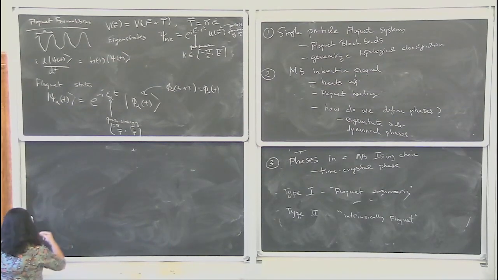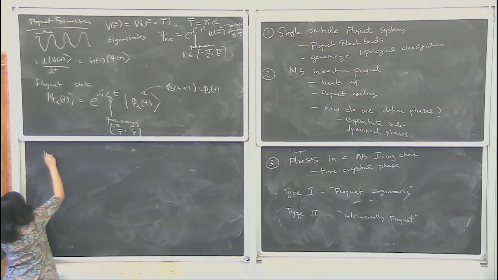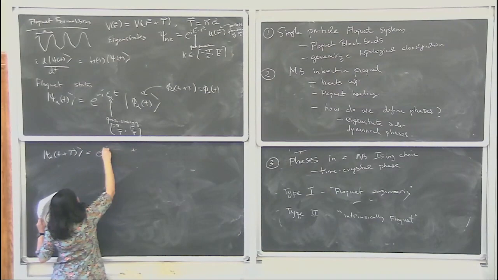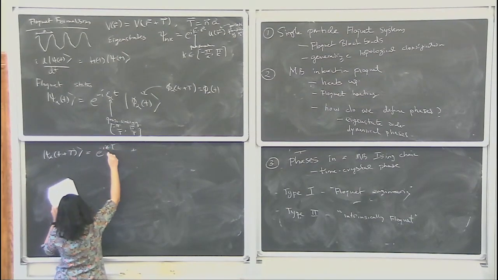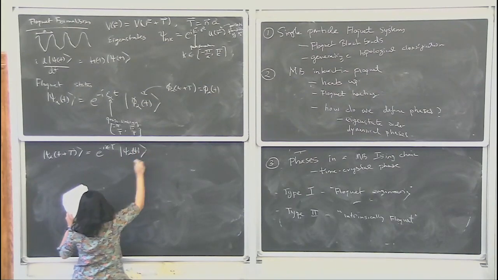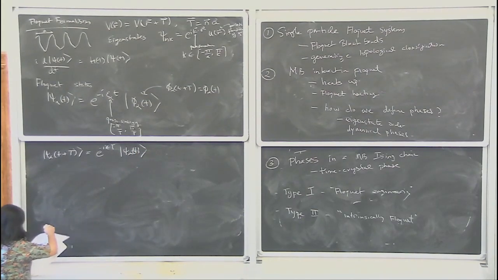Okay, so we know that these Floquet eigenstates satisfy psi of t plus T equals e to the minus i epsilon T psi of t, so they pick up this phase.